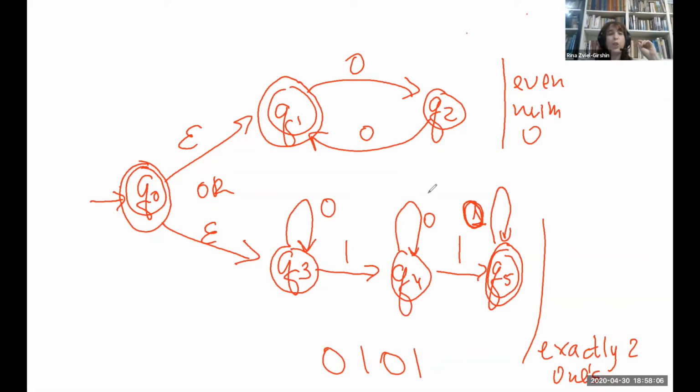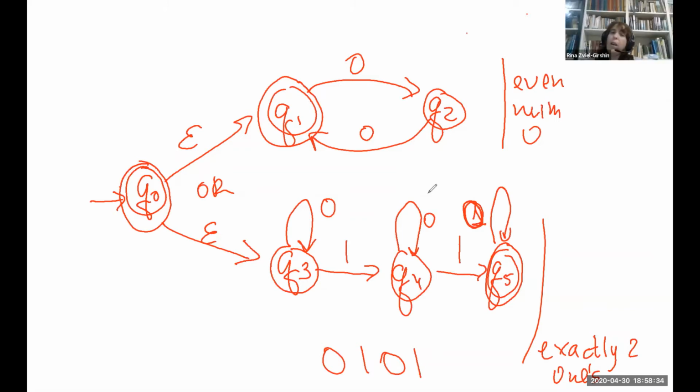Once again, a non-deterministic machine is a magic machine. If the word should be accepted because it has an even number of zeros, I would jump from Q0 to Q1 with an epsilon transition, and then I will count the even number of zeros. Yeah, makes sense.